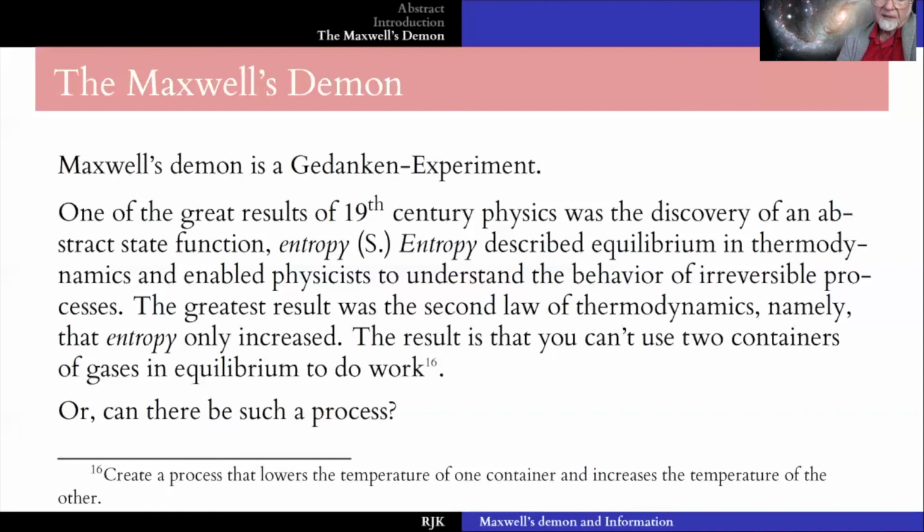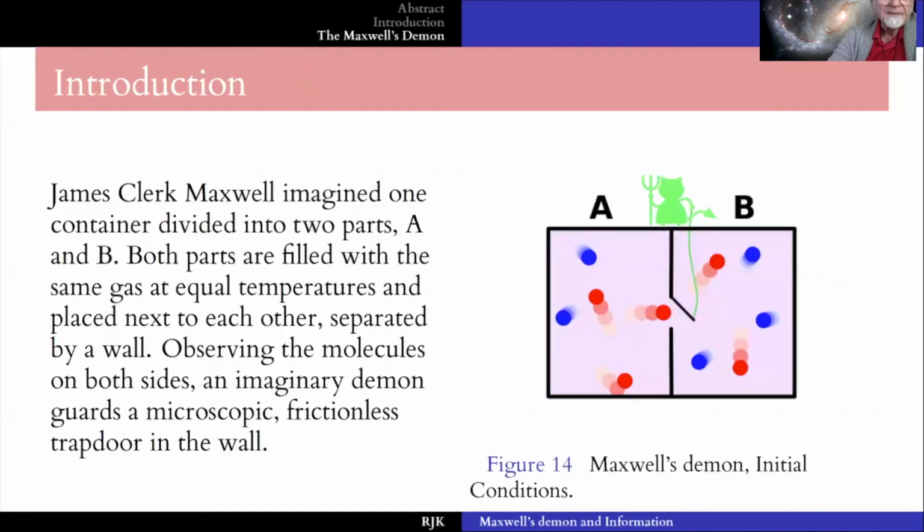The great result was the second law of thermodynamics, namely that entropy only increases. The result is that you can't have two containers of gases in equilibrium to do work. Well, is that true, or is there a process that maybe comes around it?